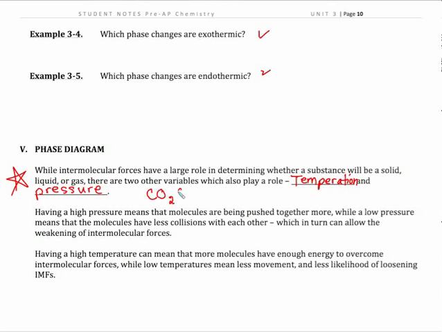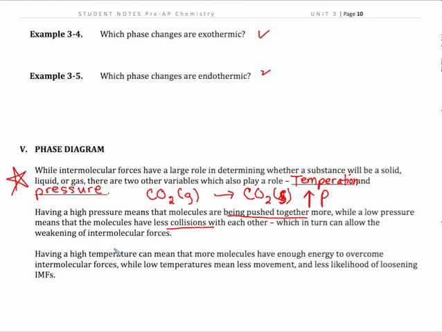So when I make dry ice, when I take CO2 gas and I want to make dry ice that you can buy at your grocery store, it's lots of fun. And normally we're going to go right to the solid state. That's the deposition, right? I would typically do this by increasing the pressure on the gas. Okay? So having a high pressure means the molecules are pushed together closer.